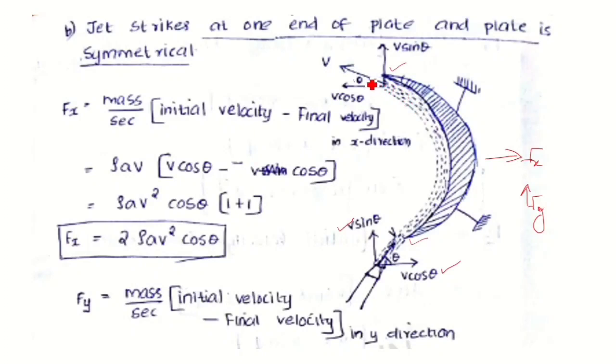The jet is leaving the vane at an angle theta, and the x component at the outlet is v cos theta and the y component is v sin theta. So first we are finding the force exerted by the jet in the x direction.